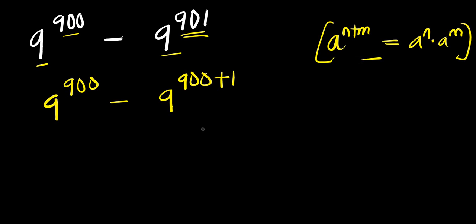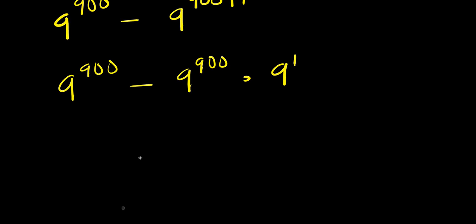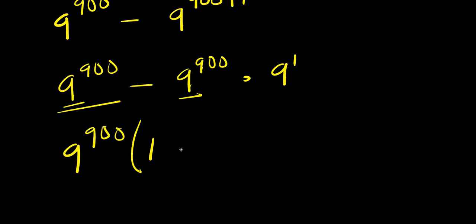So I apply this right here. I will have 9 to the power of 900 minus 9 to the power of 900 times 9 to the power of 1. At this point, I can factor out 9 to the power of 900. Then if you divide this by this, you have 1 minus, divide this by this, you have 9.